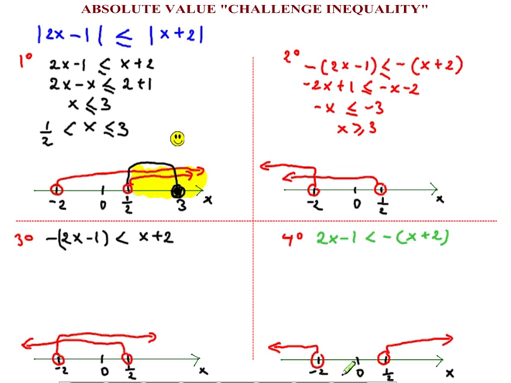Now the domain here for case number 2 is that region right here. x must be less than -2. The solution to this question is found here. So supposedly 3 and on. But this is outside of the domain, so no solution here. So this is not the case that we want to accept.